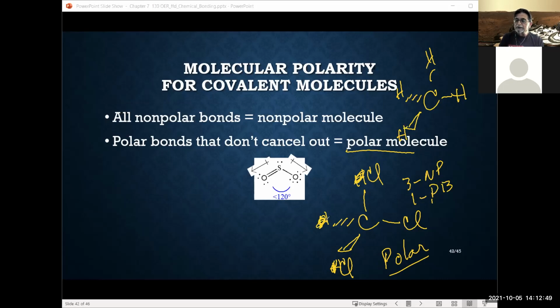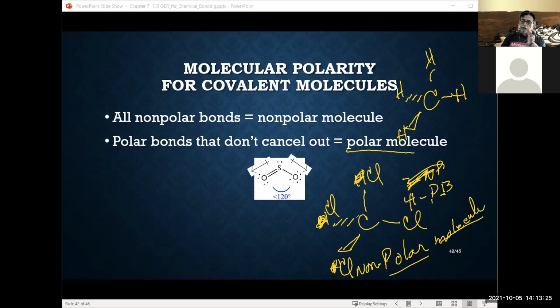The moment I replace the fourth one with another chloride, I end up with four polar bonds. And because of the geometry, they cancel each other out, all four of them. And so now I end up with a nonpolar molecule.